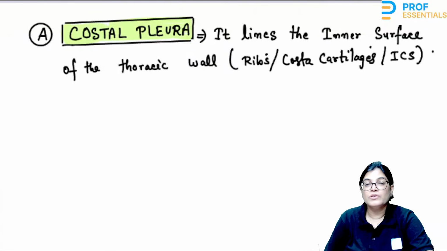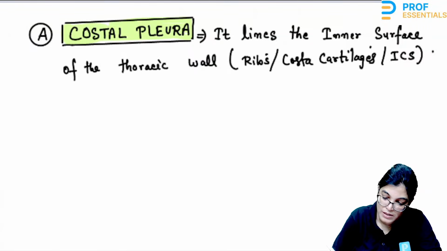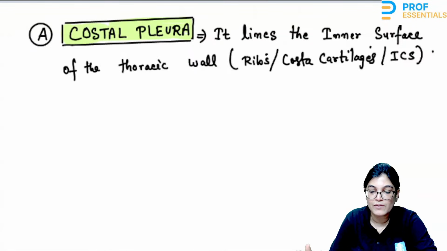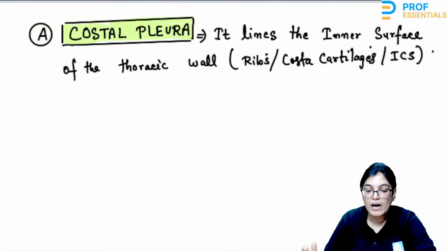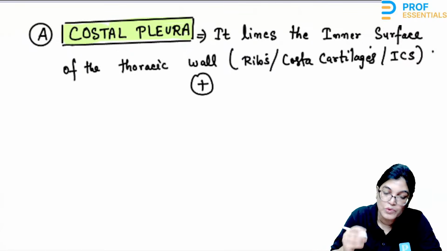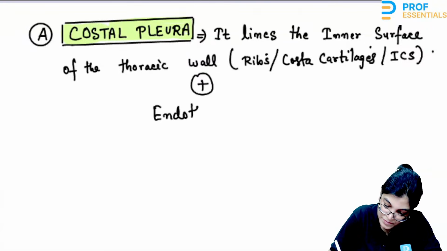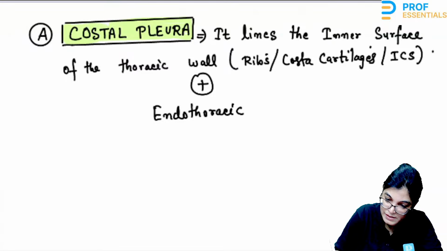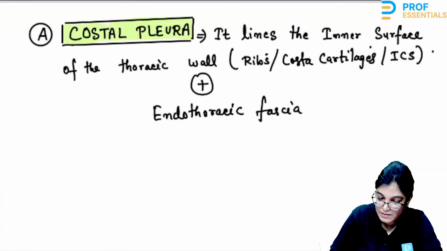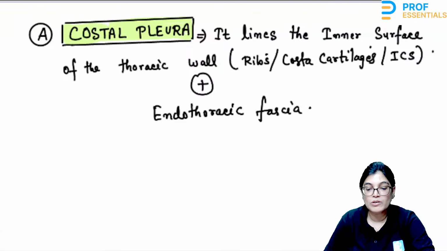So it is lining the inner aspect of the thoracic wall, and it is also attached to the thin layer of loose areolar tissue, that is, the endothoracic fascia. Okay, this is about the costal pleura.